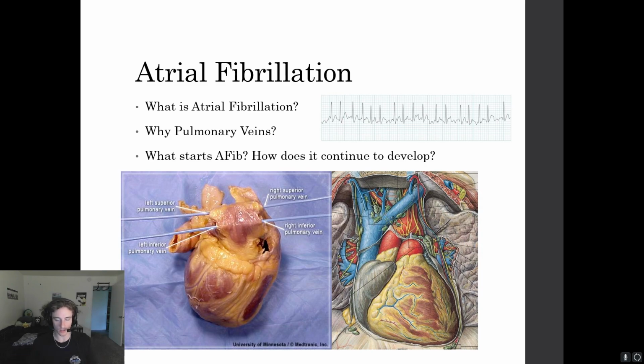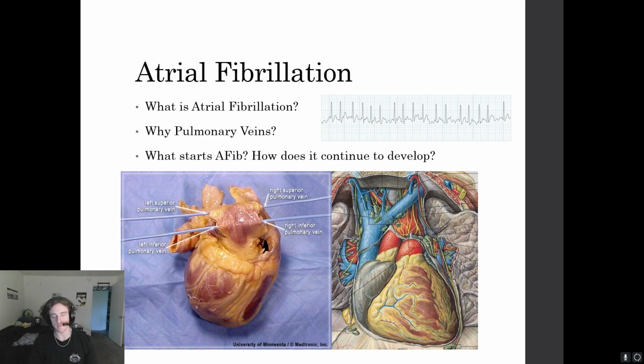What's the substrate? It's the material that the conduction is going to pass through. In a normal rhythm, it goes from A to B: from the sinus node, Bachmann's bundle, and then the whole left atrium is ready to go. It gets the signal and it pumps.